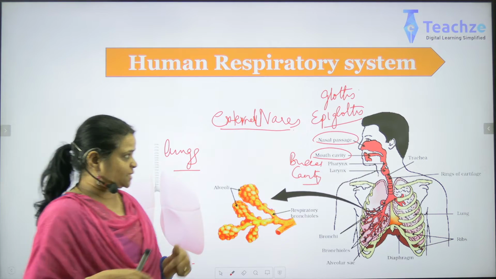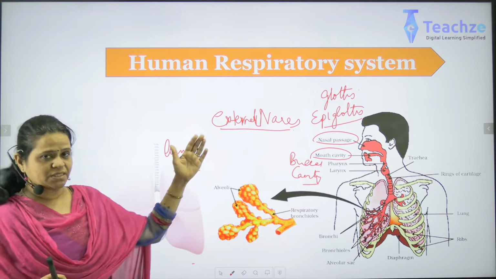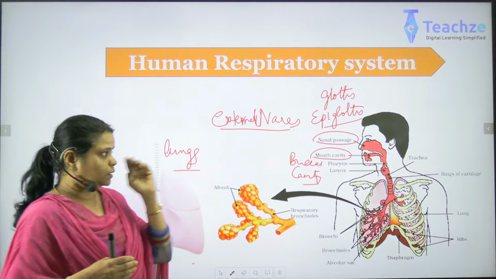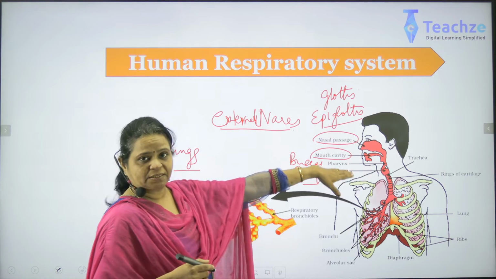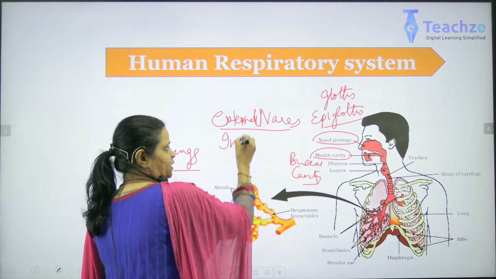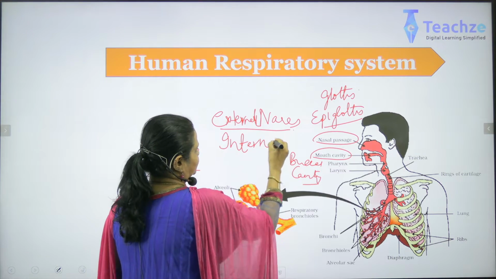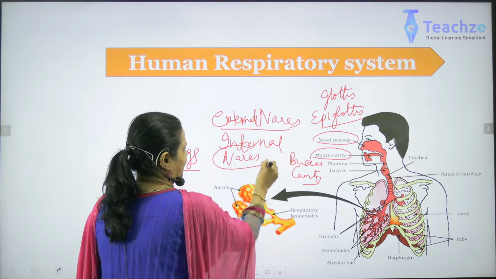This nasal passage enters the mouth cavity or buccal cavity. This is the passage of respiration. The nasal passage contains the internal nostrils, so the external nostrils lead into the internal nostrils, otherwise called the internal nares.